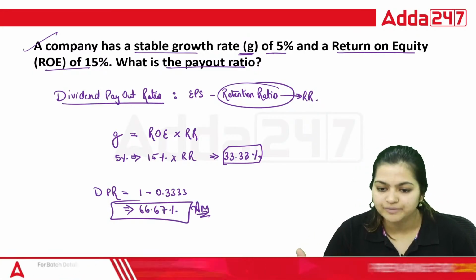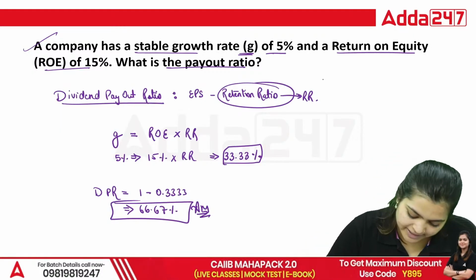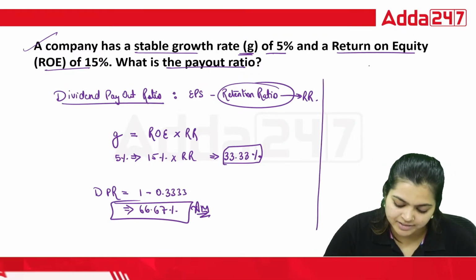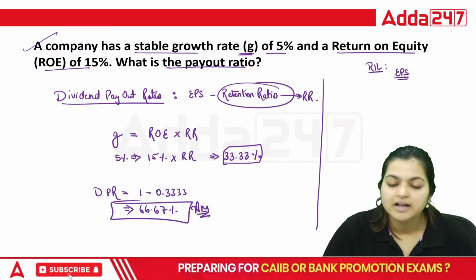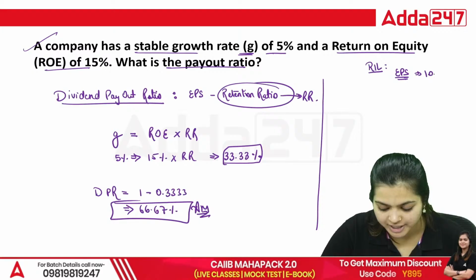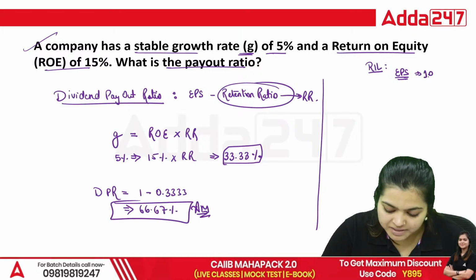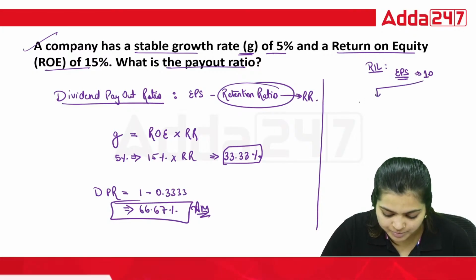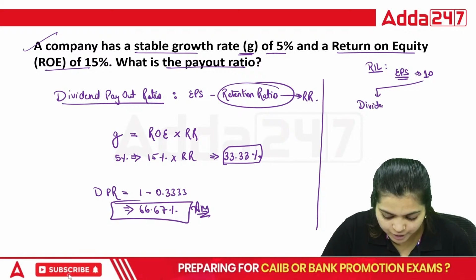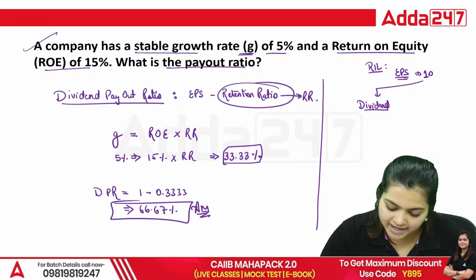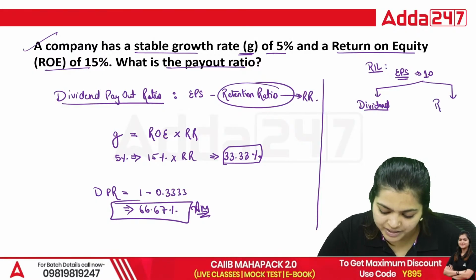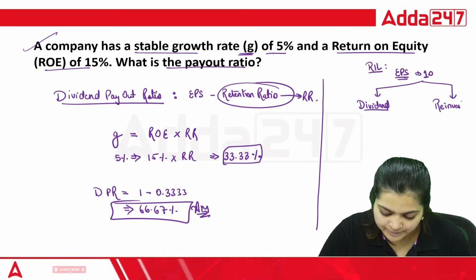So what we calculated, let me revise it again. Suppose the company is Reliance. Reliance earns earnings per share of 10 rupees. Now from this 10 rupees, Reliance will distribute to its shareholders in the form of dividend, and a few amounts they are going to reinvest in their business as well.